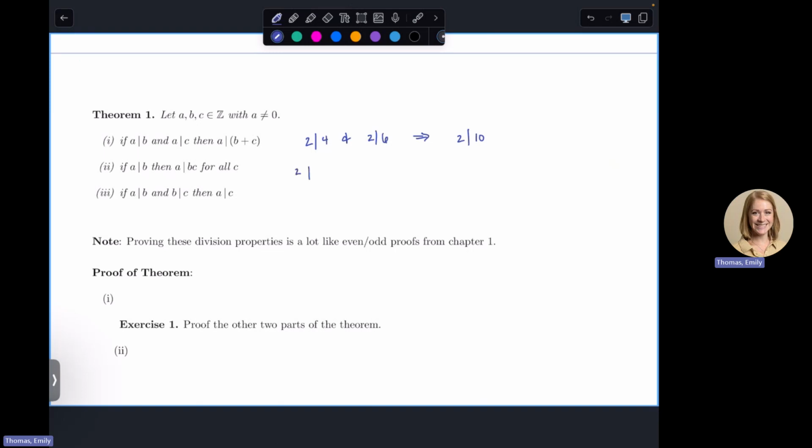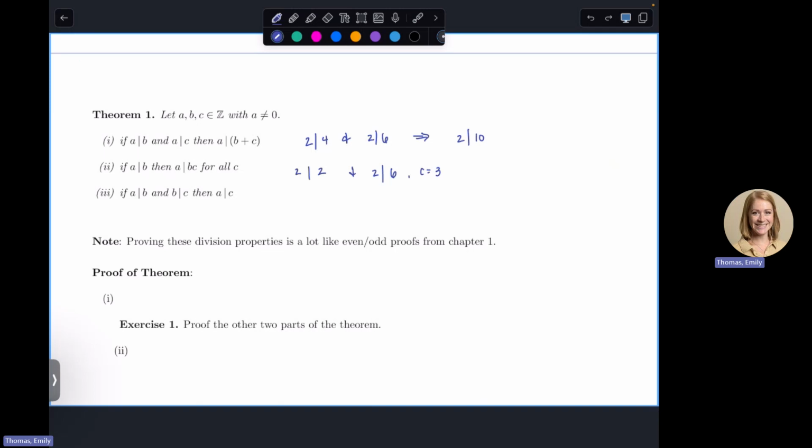Sure. 2 divides 2, and 2 will divide 6. C is 3 there. This is the integer that it's the multiple of.